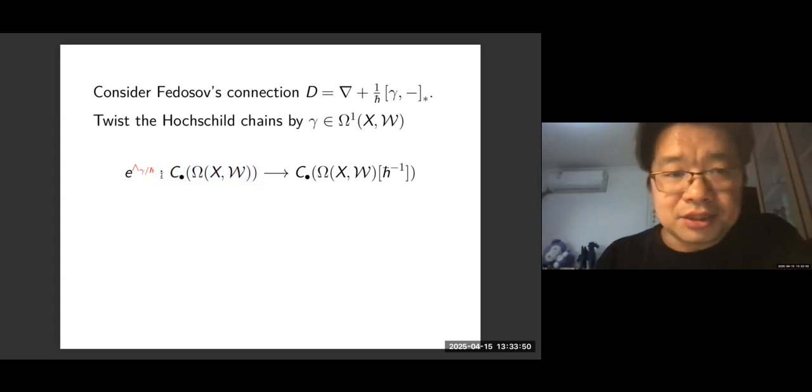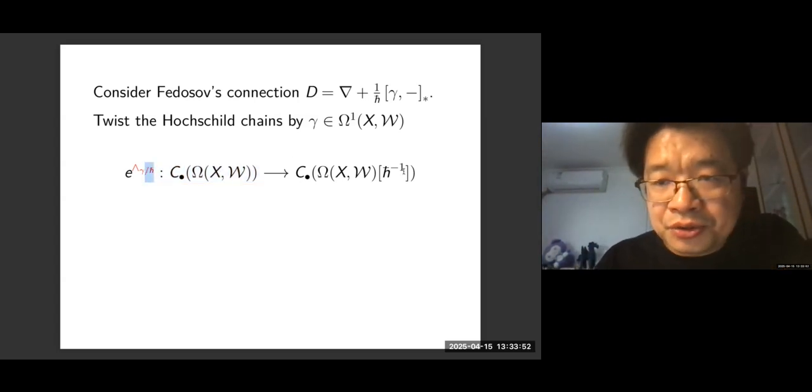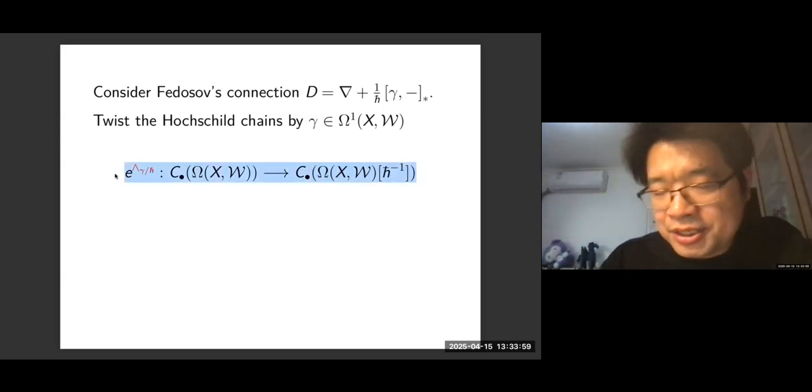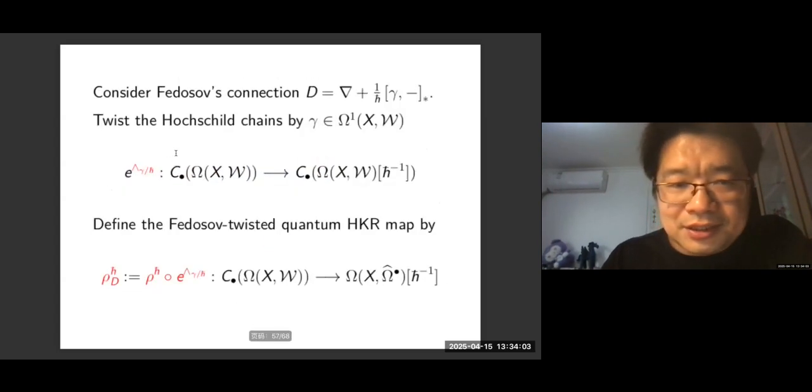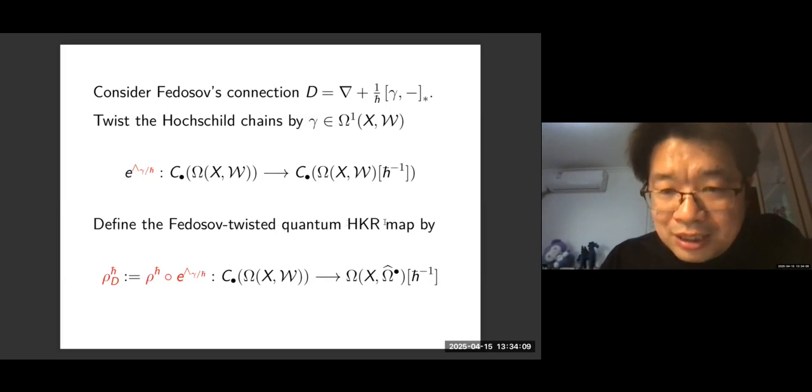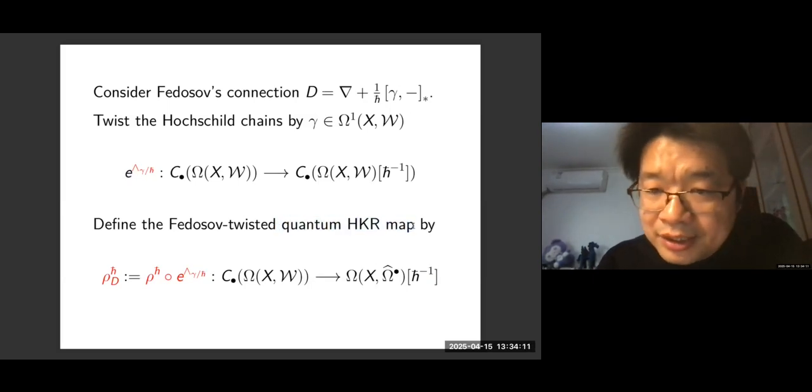And because of this h-bar order, I have to incorporate the negative orders in h-bar. So there are some natural operations you can write down. Then with the help of this twisting, I can twist my original fiberwise topological correlation, the fiberwise quantum HKR map.